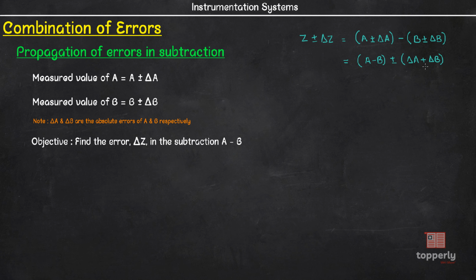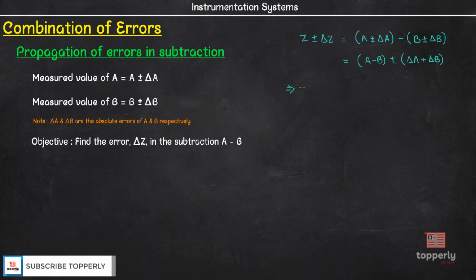And why did we take plus over here? Because we need to add the errors. That is, we always need to write the maximum possible error. We do this because always an overestimate of error is better than an underestimate, right?